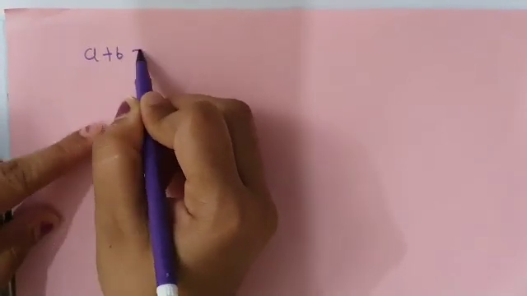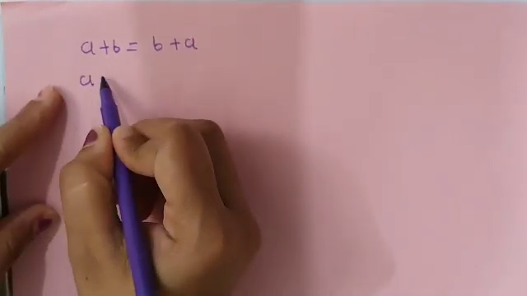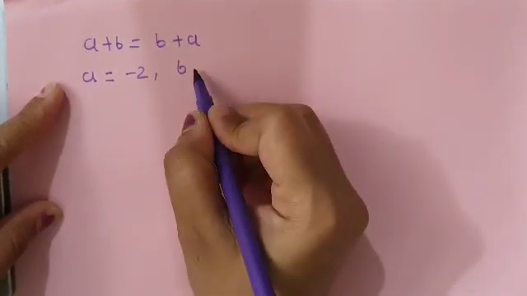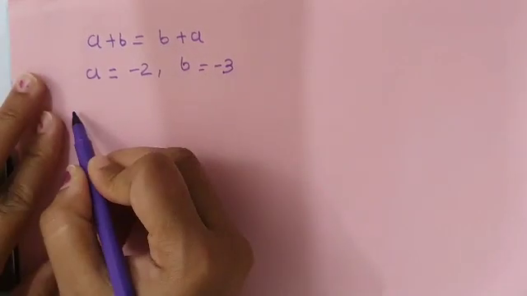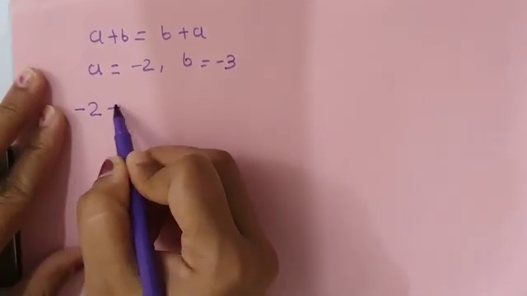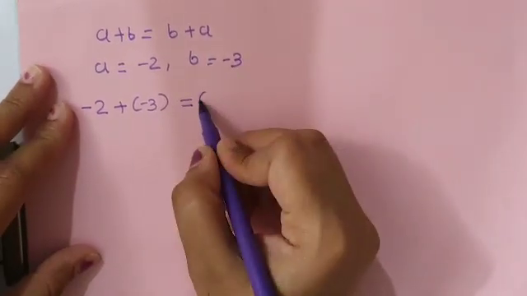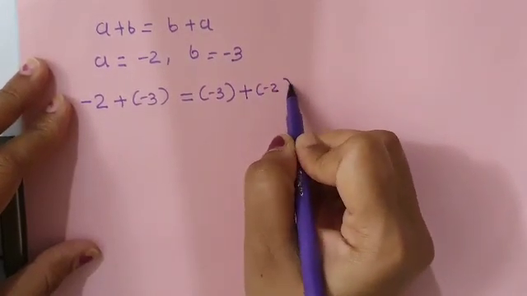Now let's check the commutative property for negative numbers as well. Now if the value of A is -2 and B is -3, let's check this. -2 plus -3 is equal to -3 plus -2.